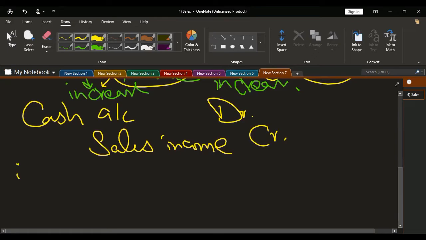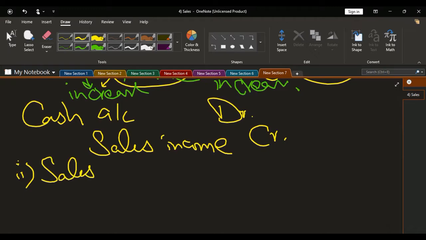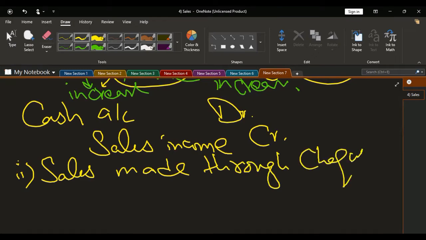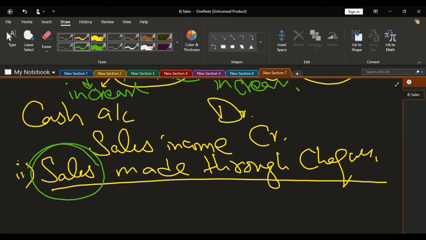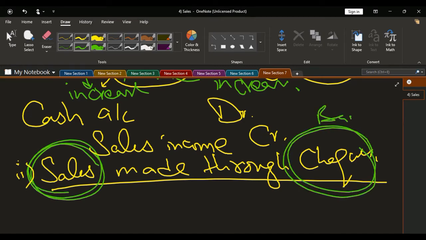Now move to the second example, sales made through checks. So let's think what are the two items that are affecting here, or what are the financial elements of a financial statement that are being affected here. First one is business sales, and the second one is check or bank balance.